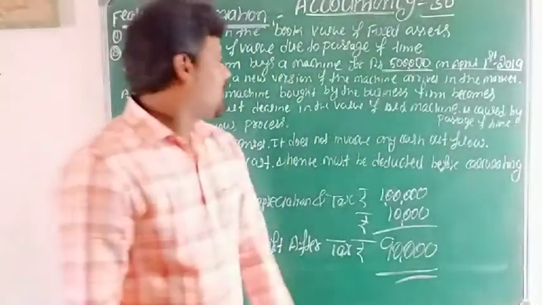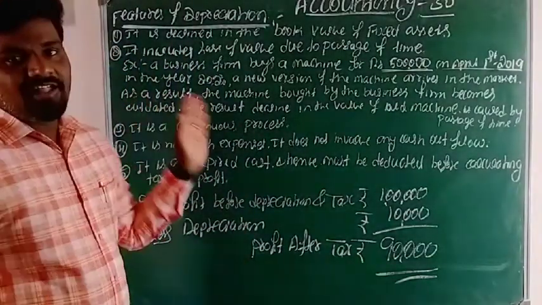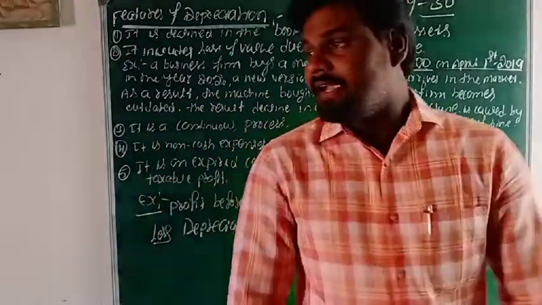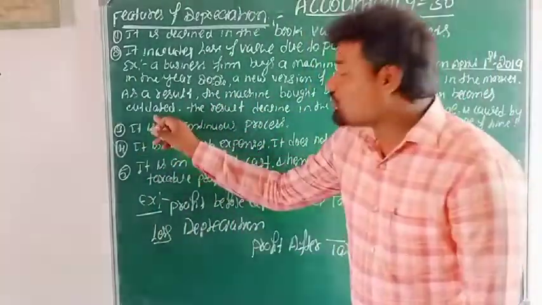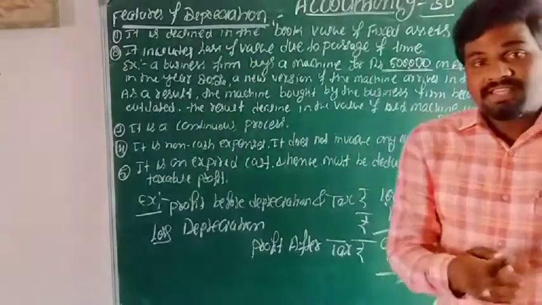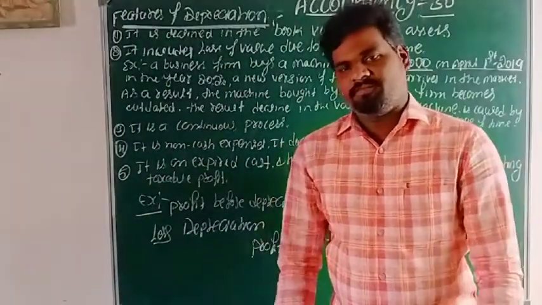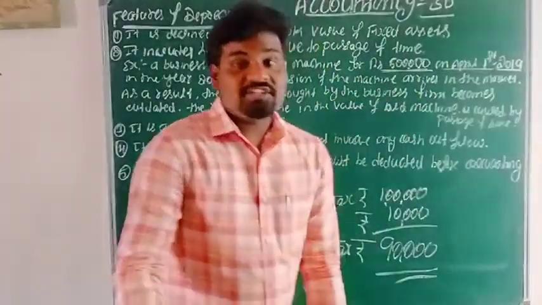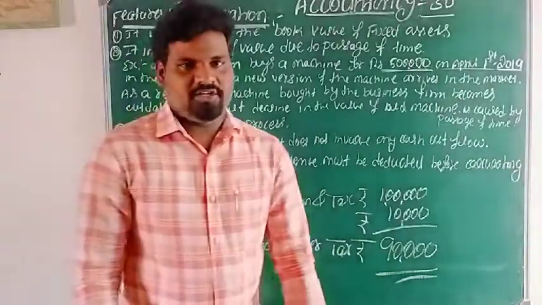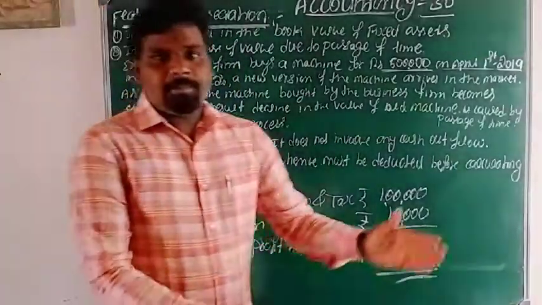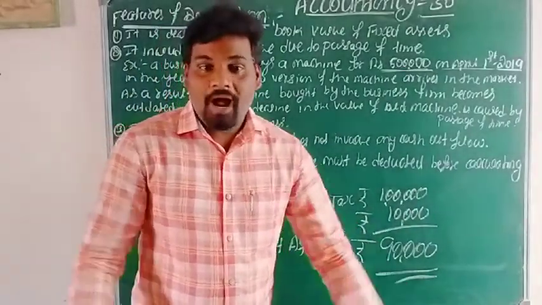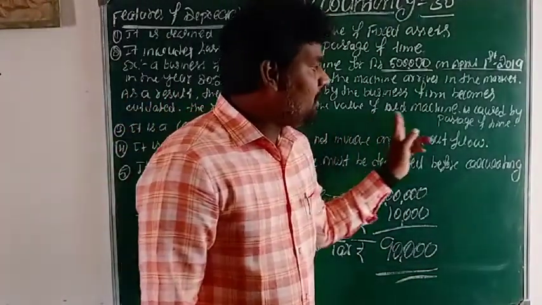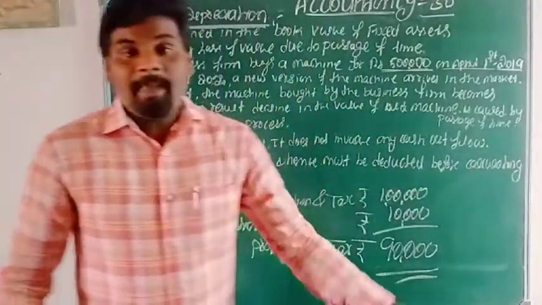As a result, the machine bought by the business firm becomes outdated, because the previous machine is the old version and the latest-featured machine has arrived in the market. Compared to the previous machine, that machine becomes outdated over time, so its value declines due to passage of time.